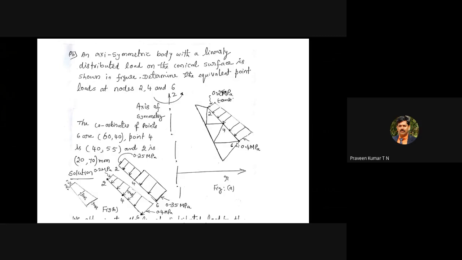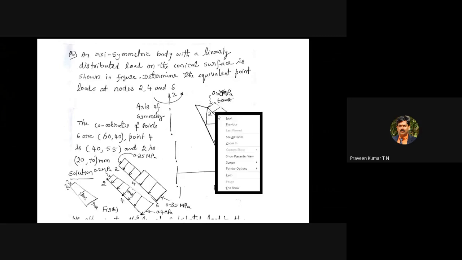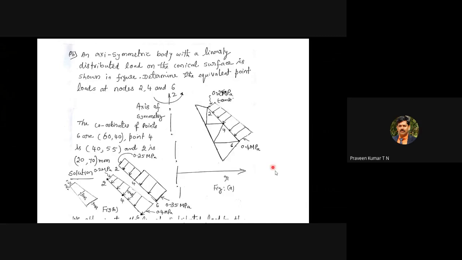Now we have to find the intensity of load. What is the intensity of load acting at node 6? It is 0.4 megapascal. What is the intensity at node 4? That is not known; you have to find it.